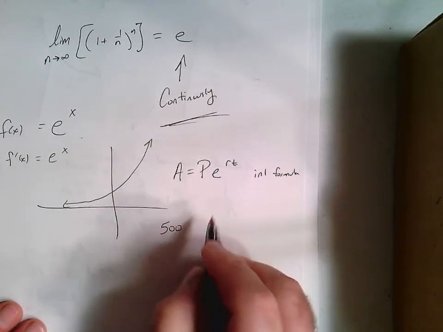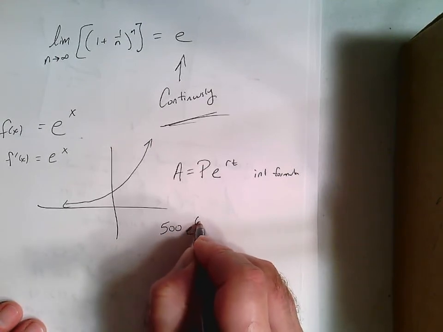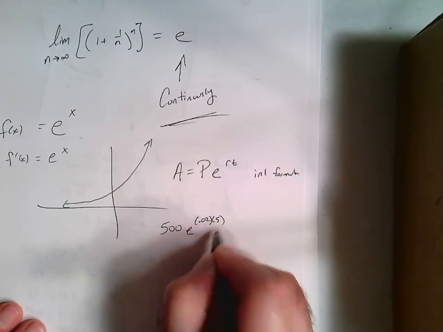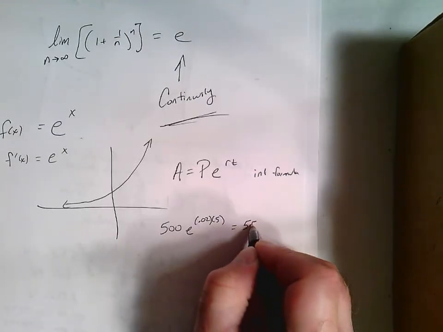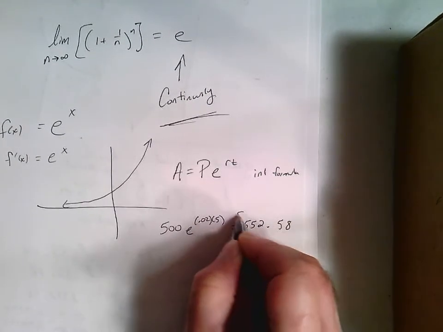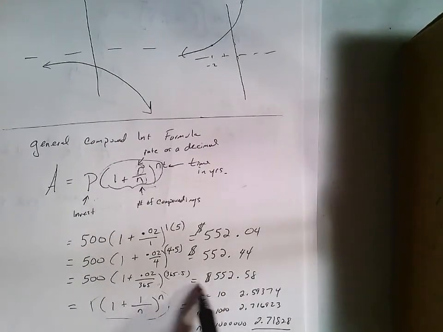You would take your $500 and you would go 0.02 times 5, and we would get $500 e to the 5 times 0.02 power, $552.58, which, remember when we compounded it daily?